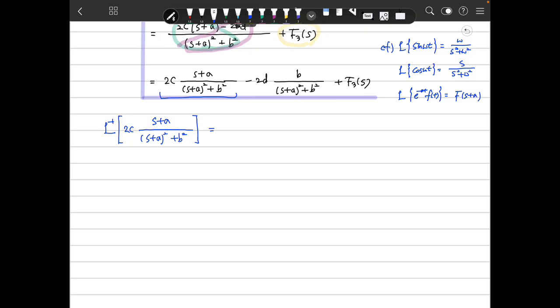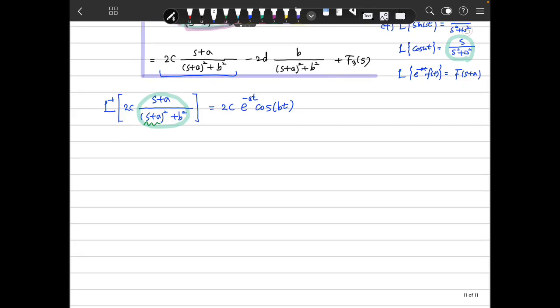So you know that this will be 2C, and you know this is a very familiar form. So it will be cosine omega t, where omega is B, but there is the shift S plus A, so we add exponential minus at.